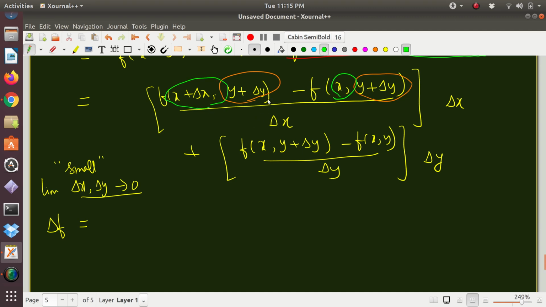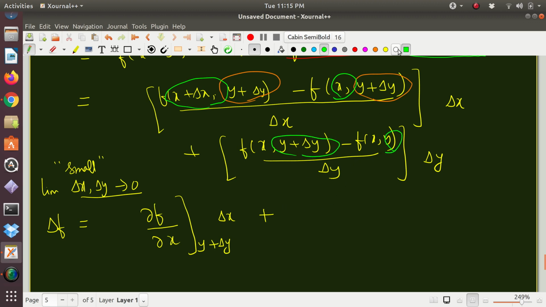So delta f is therefore the partial derivative of f with respect to x evaluated at y plus delta y, times delta x, plus, here I am considering x is fixed at x, but y is changing from y to y plus delta y.